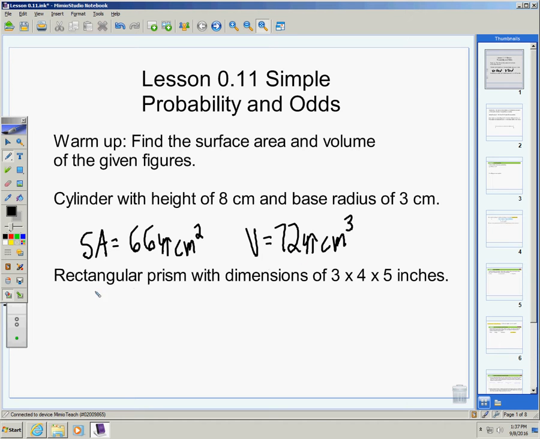For the rectangular prism, surface area would be 94 inches squared, and for the volume it would be 60 inches cubed. Hopefully you were able to figure that out. Basically just using those formulas, check your answers, and then you can move on.